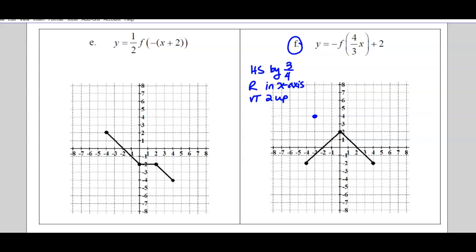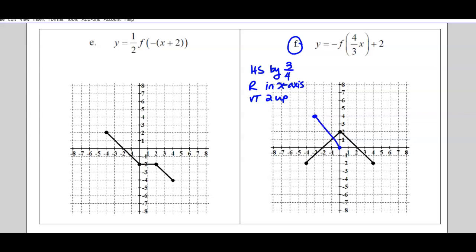Okay, this point here, now notice this is symmetrical. So that could be helpful too, right? In any case, this point here, stretching that by 3/4 doesn't change it, because it's on the y-axis. Reflecting the x-axis changes it to here, and then 2 up.